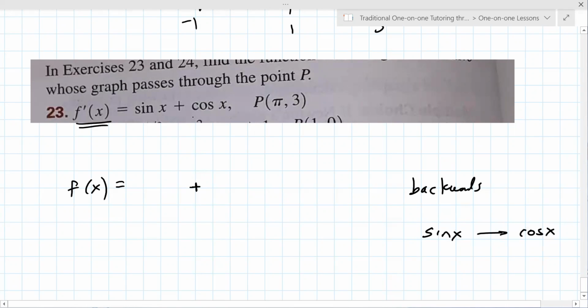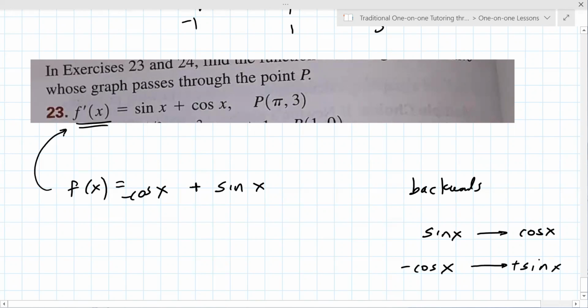To get cosine, you started with sine. So I'm asking, what do you start with to get sine? You might say, okay, well, cosine x gives me negative cosine. Yeah, because negative cosine gives you positive. So this is negative cosine x. This is really awkward and weird the first time, going backwards. Yes.